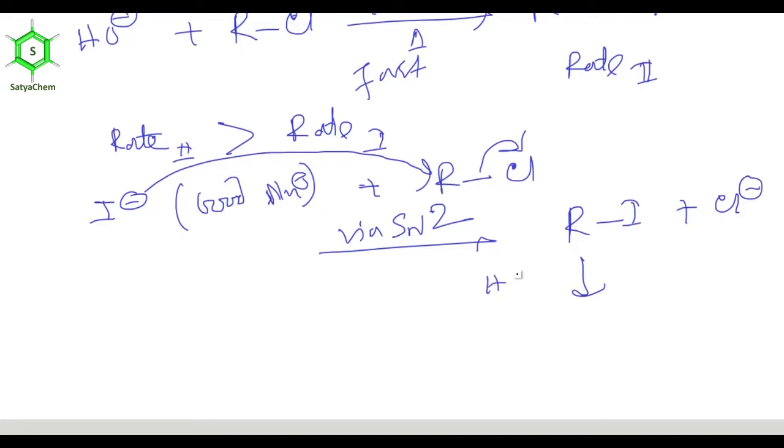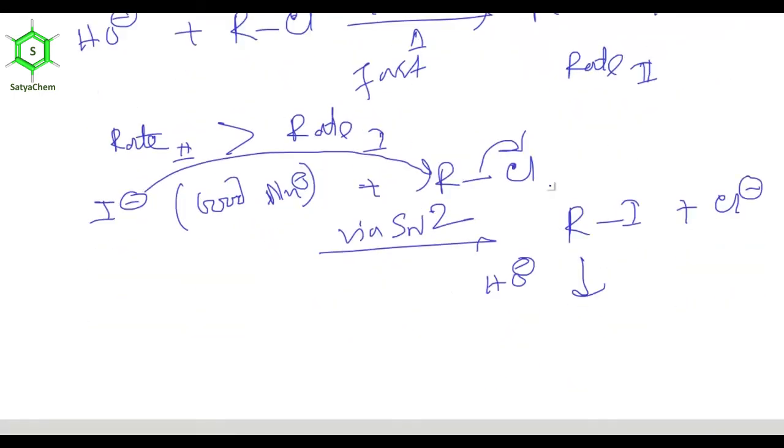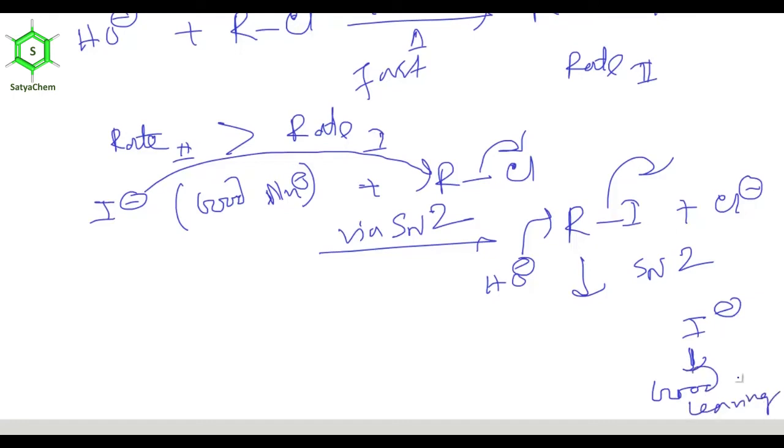Now we have HO minus because the reaction is in alkali medium, aqueous alkali. So now again an SN2 reaction, and I minus is a very good leaving group, as we have just seen. That is why we are getting ROH and I minus.